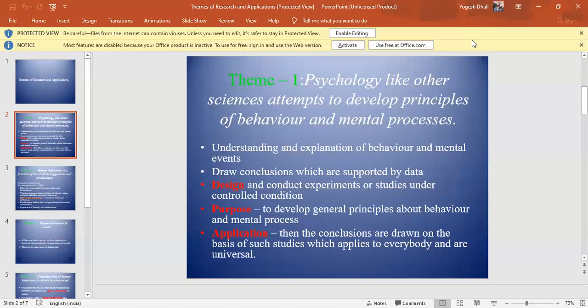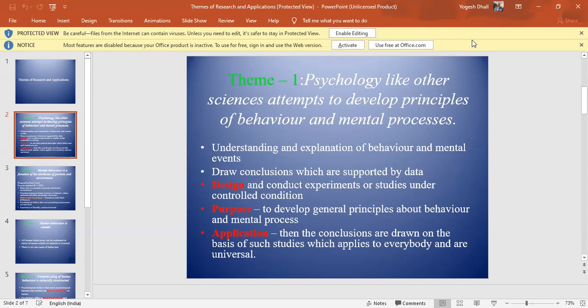Why people behave differently, or mental processes, means how our mind works differently, means anything related to mind and behavior. First, to understand and then to explain. This is the first attempt in psychology.